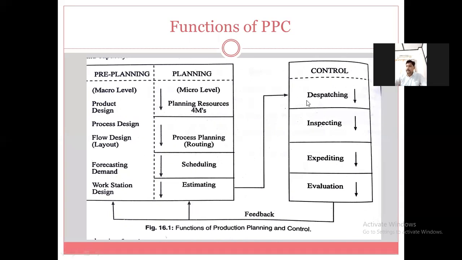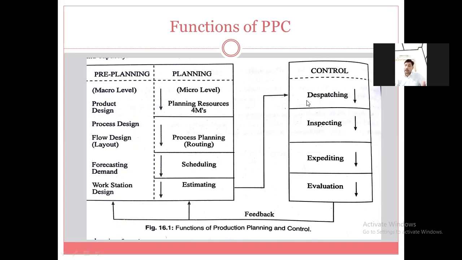The second thing is dispatching the required material from the stores to that particular workstation. The material also needs to be transferred, not only the orders. If the order is with the worker but the material is not, how will the worker perform the task? Without material it will not happen.